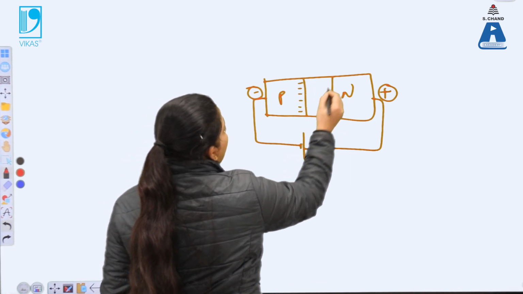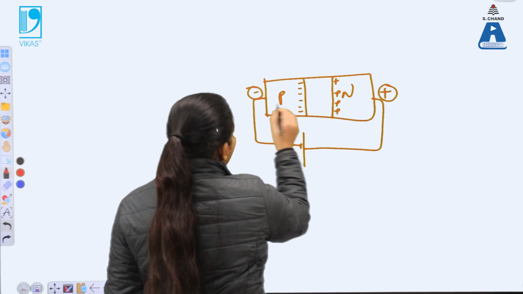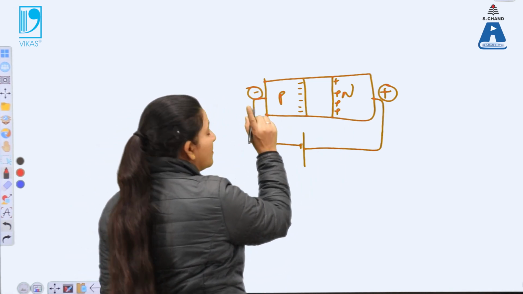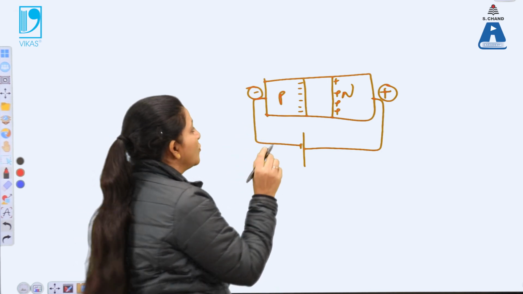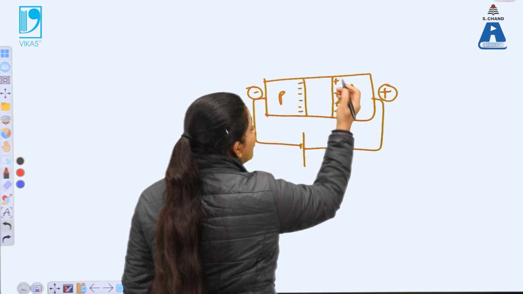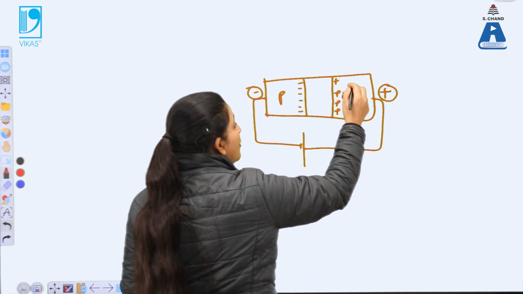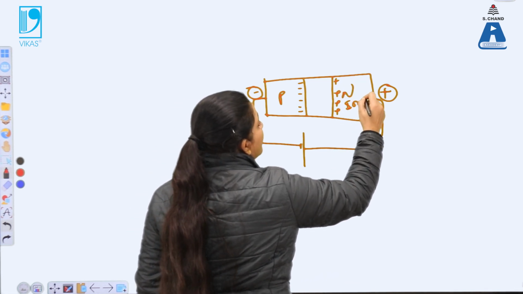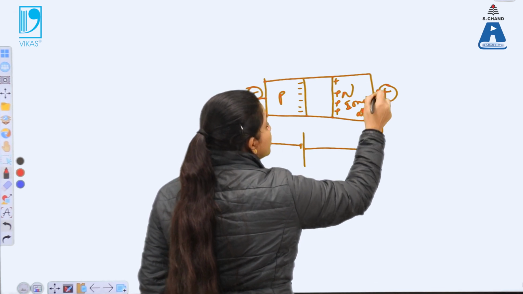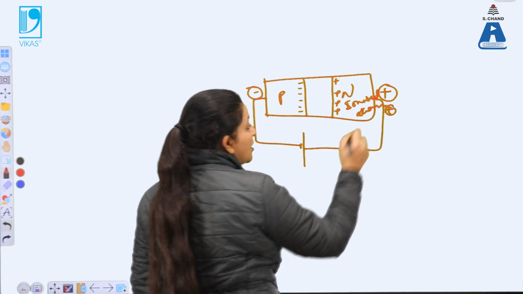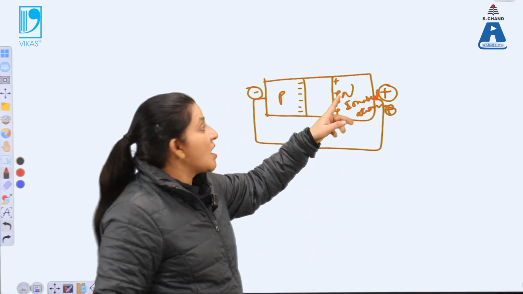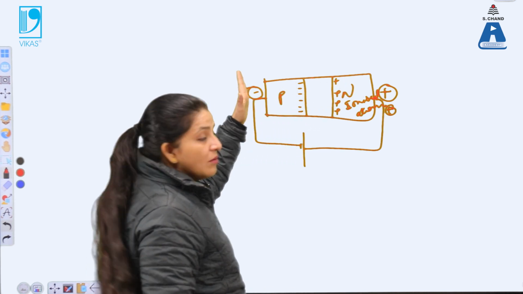Here is an N with a positive type. When this is very large, up to the breakdown voltage, the N side will start attracting the positive charge, the ionized donor atoms. We know that the ionized donor atoms are present here, because they have a positive charge on them. So these ionized donor atoms will start moving from this end to here.